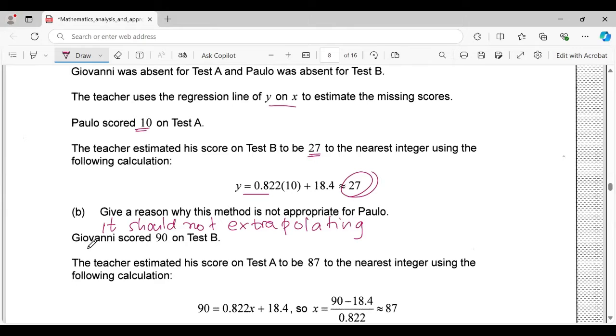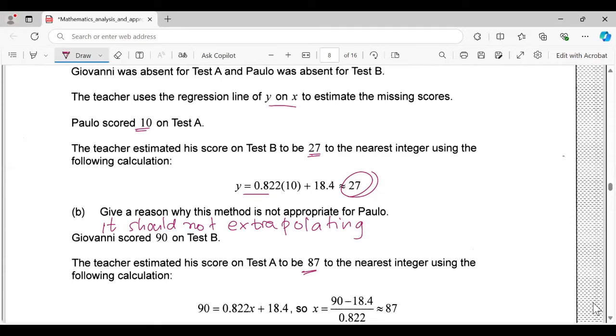Next, other students Giovanni scored 90 on test B. Okay. The teacher estimated his score on test A to be 87. So other students Giovanni on test B, his score is 90, and the teacher estimated his score on test A becomes 87, to the nearest integer using the following calculation.